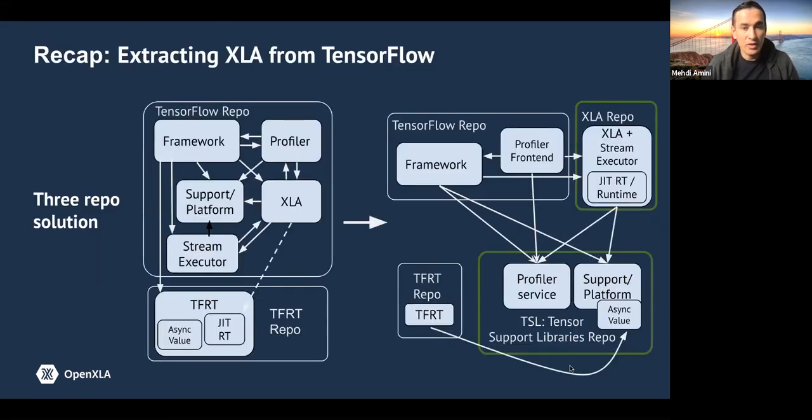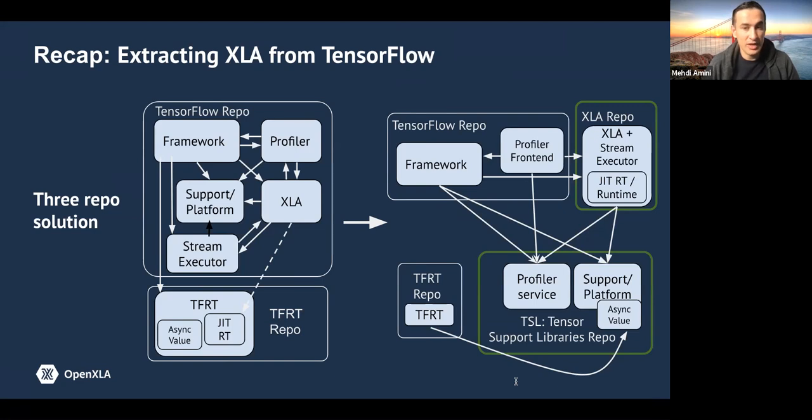The way we have been untangling XLA from TensorFlow is with a 3 repository solution. On the left side, you have the pre-existing situation where it was pre-tangled. The way we cut the dependencies is by introducing a new repository that we call TSL, Tensor Support Libraries. That contains all the support code that TensorFlow and XLA need.